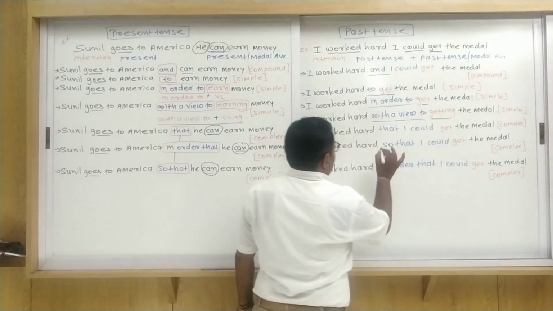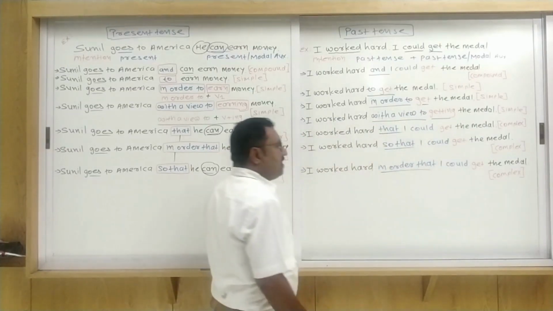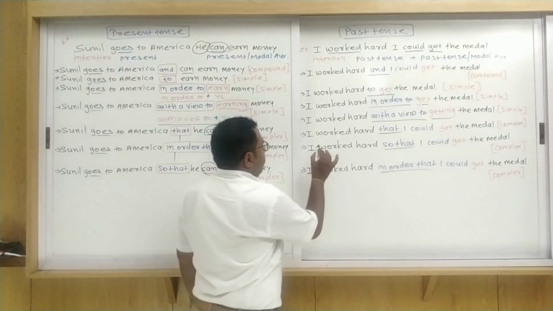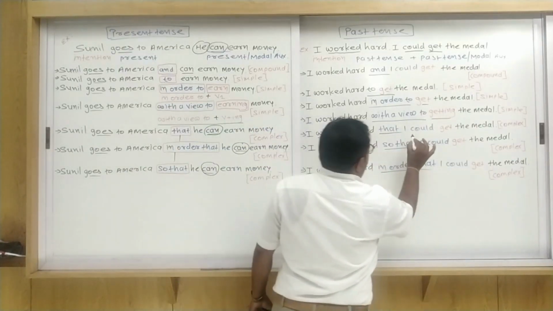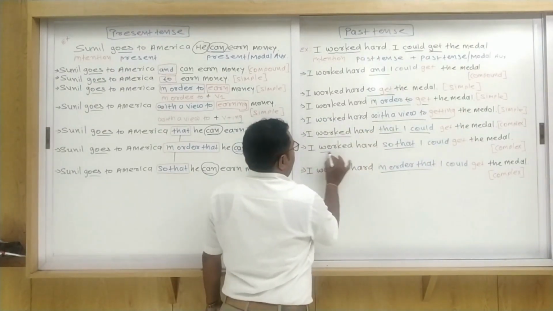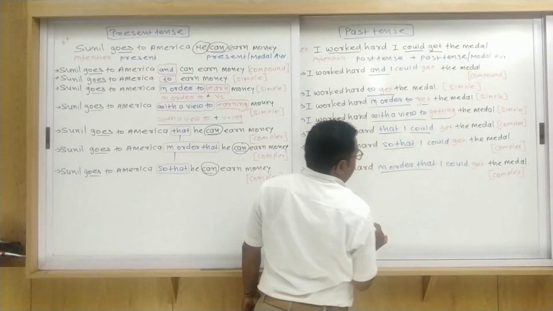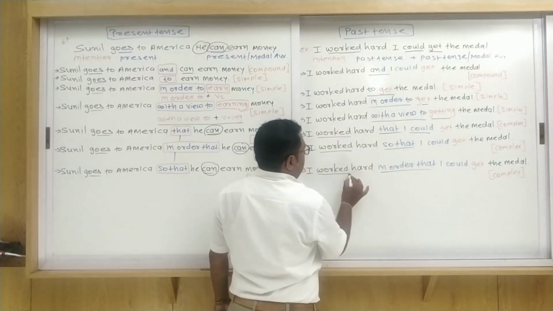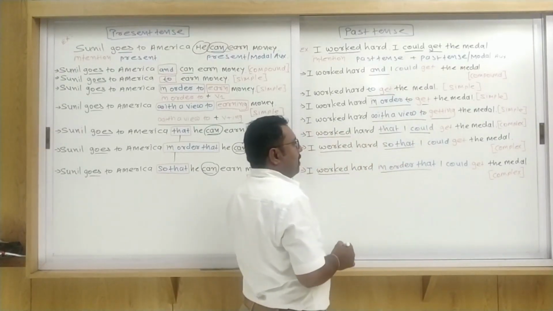And now I use that, so that, and in order that. I work hard, that is past tense, that I could get the medal. I work hard so that I could get the medal. I work hard in order that I could get the medal.